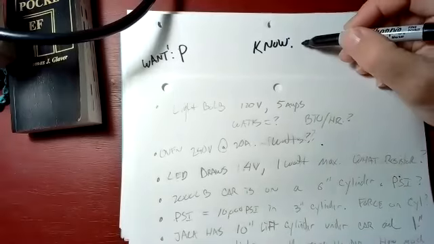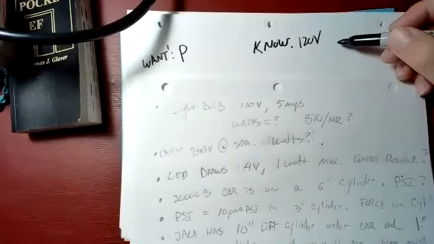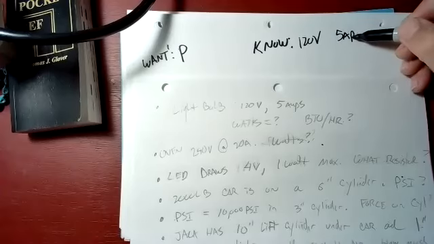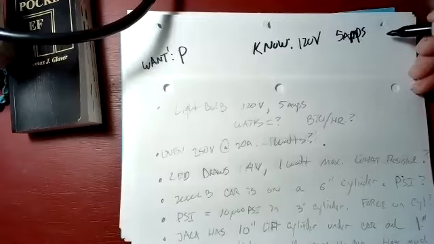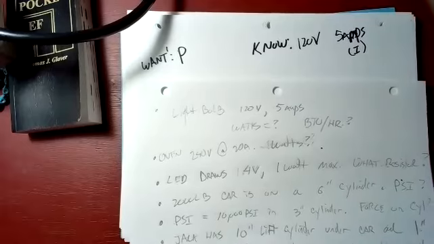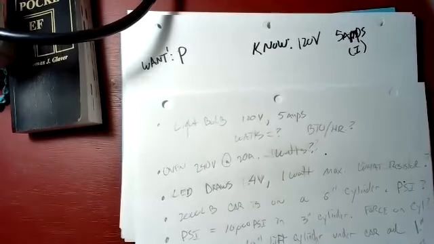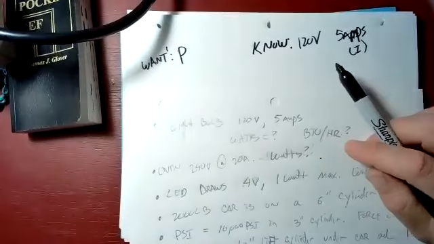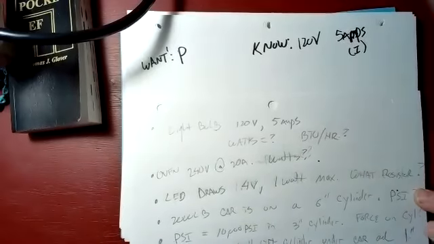Well, we know voltage, 120 volts, and we know current, which is 5 amps. And 5 amps is current, which is I. So what formula can I use to determine power if I know current and voltage?